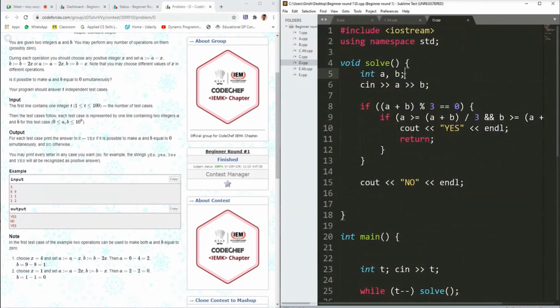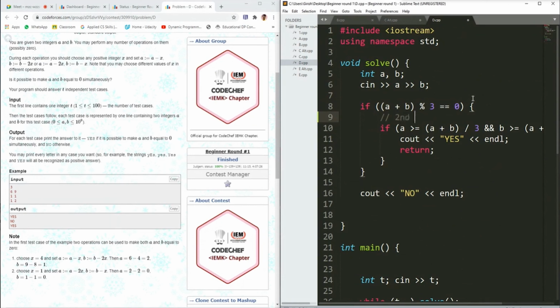So at first I take in input A and B, and then I check if the sum is divisible by 3 or not. If my sum is divisible by 3, then I move on to my next condition.